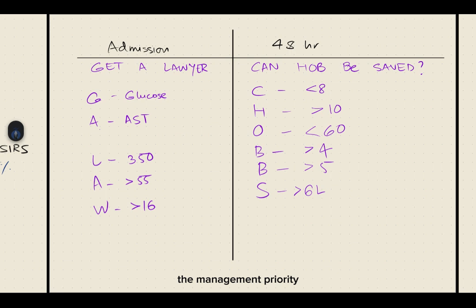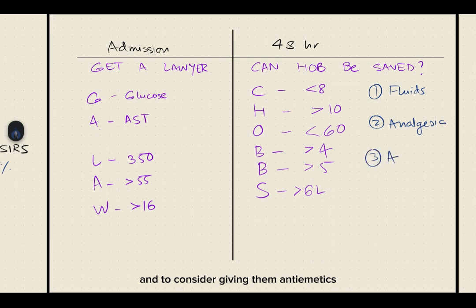The management priorities or principles for acute pancreatitis are basically to give fluids, to give analgesia, and to consider giving antiemetics if they're actively vomiting. These patients are generally extremely volume depleted because of multiple factors: decreased oral intake, vomiting, third spacing.